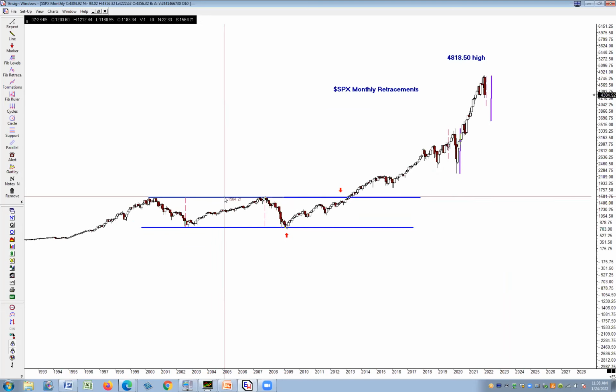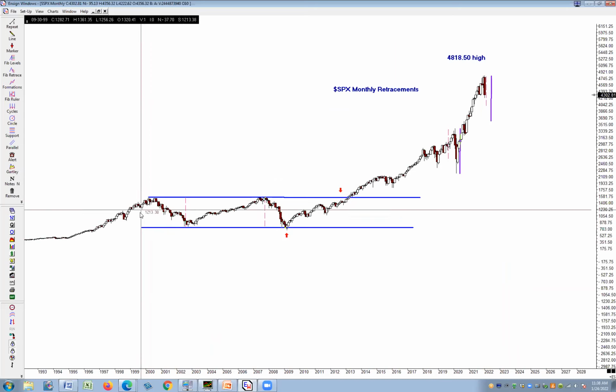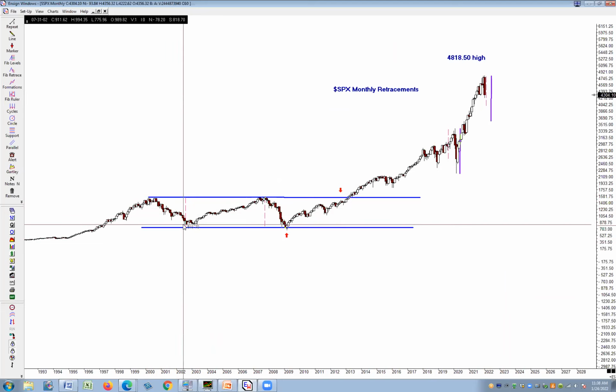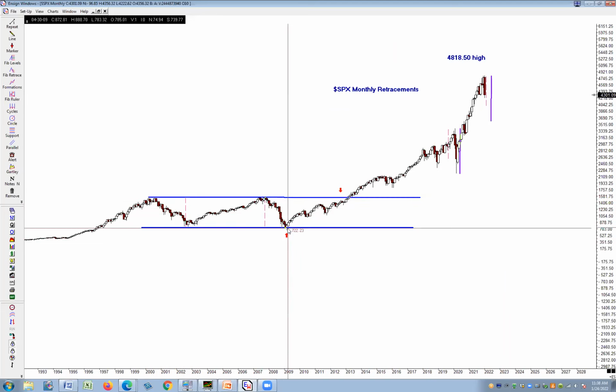Okay, so with that in mind, let's take a look at a couple of potential things. I'm going all the way back here to 2000. So this was the bear market of 2000. Here was the bear market of 2007 to 2009. Notice the big, enormous range. Remember, coil, just think dynamite.